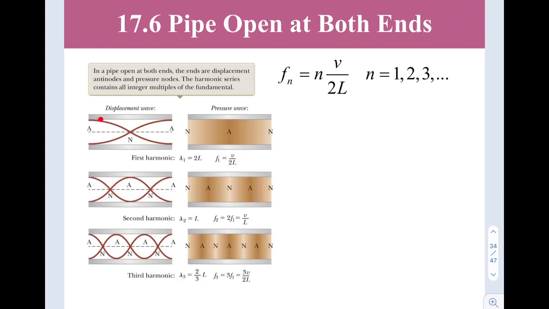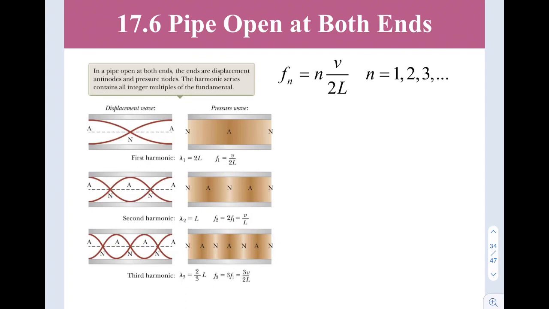If you take a look at this pattern, this is the very first, or basic, fundamental harmonic wave pattern produced within this air column when it is open at both ends. In this pattern, this is 1/4 lambda, and here is another 1/4 lambda. 1/4 plus 1/4 is equivalent to half lambda.